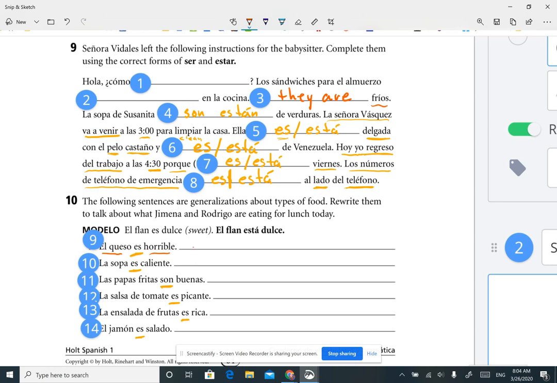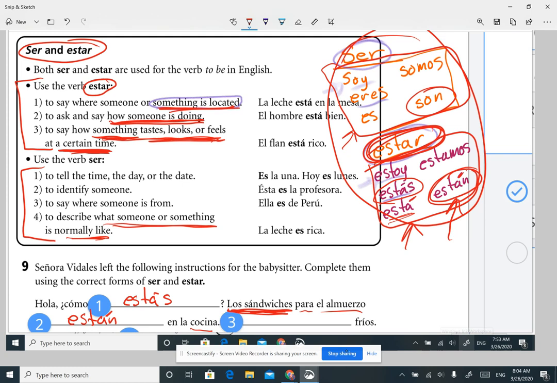So our choices then, really there's only one choice. Those are our verb es in the estar form. Es is the one we have here, and our estar form is está. So you simply have to change the es verb to the está verb in that exercise.